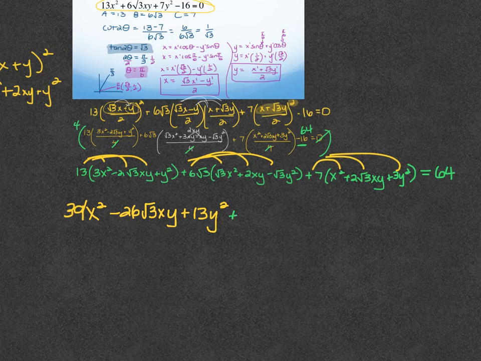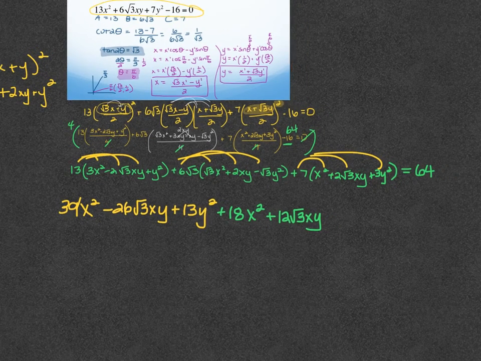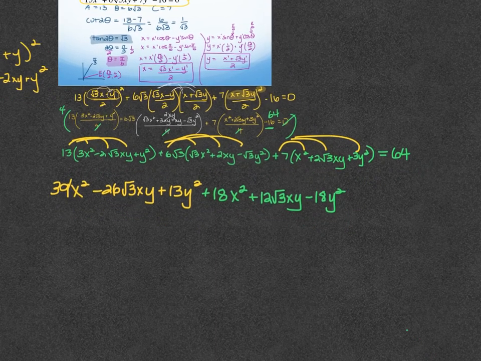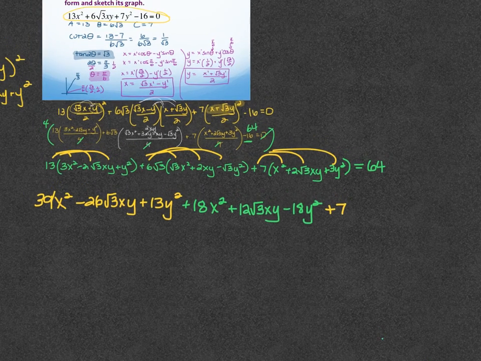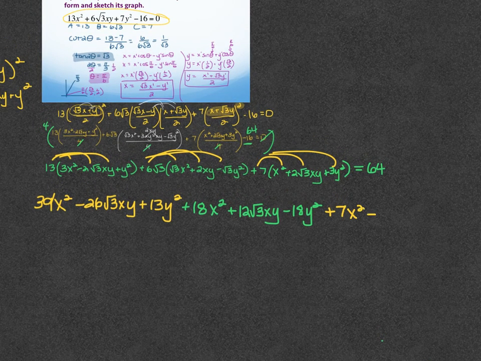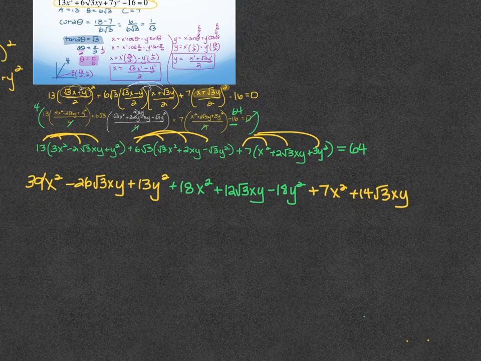Plus 6 root 3 times root 3 is 6 times 3 or 18x squared plus 12 root 3xy minus 6 root 3 times root 3, which is minus 18y squared. Go to the next one. Positive 7x squared plus 14 root 3xy plus 21y squared equals 64.